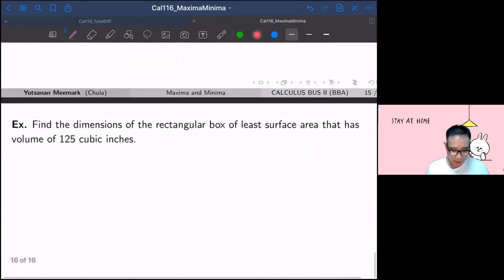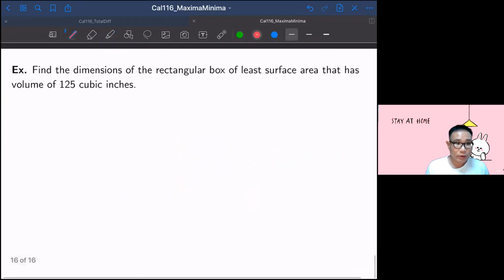The next one, we would like to find the dimensions of the rectangular box of least surface area. The keyword here is least surface area, that has the volume equal to 125 cubic inches.